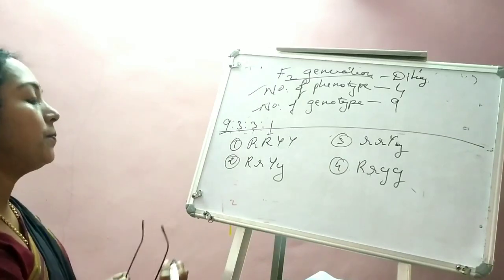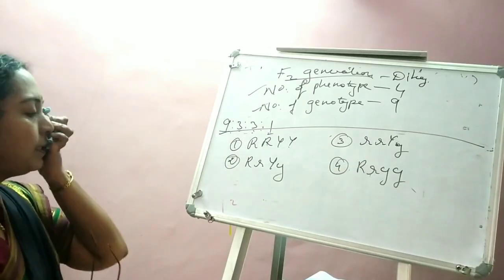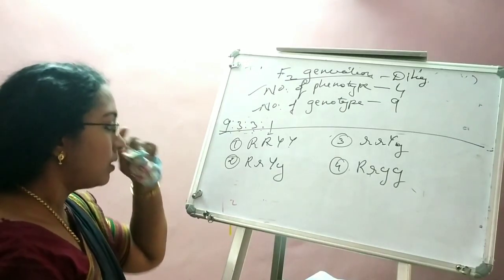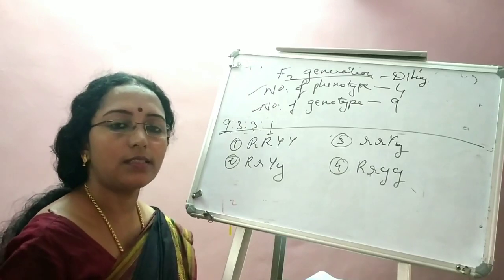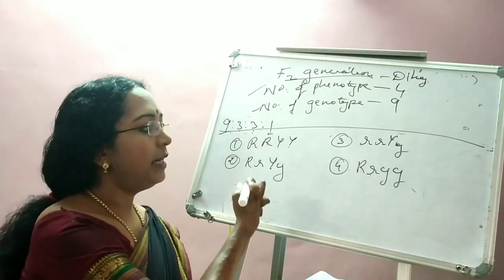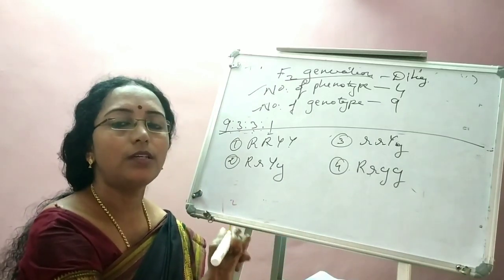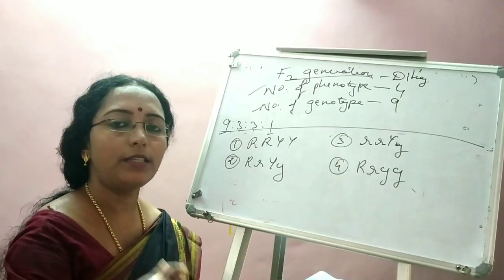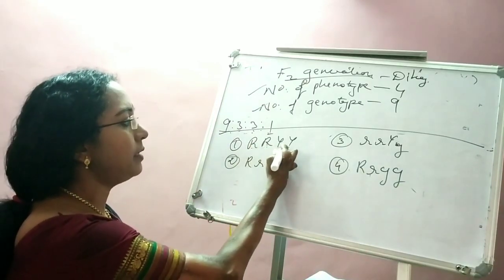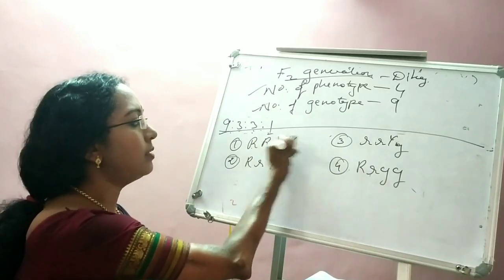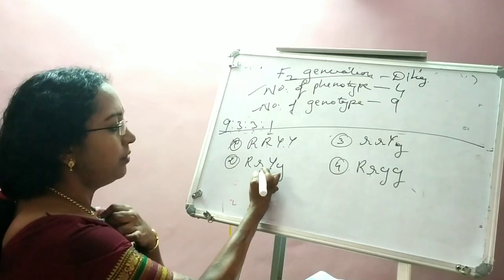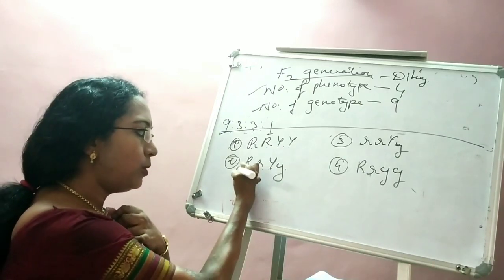Among these four choices that I have given you, which one is heterozygous? Which among the following shows a heterozygous diploid organism for 2 characters? Here you see both the alleles are same. This is not the answer. In this one, alleles are different. Here also alleles are different. So this could be the answer.